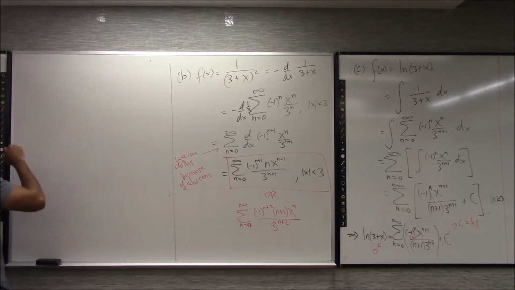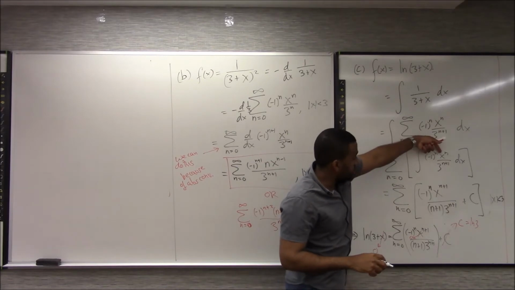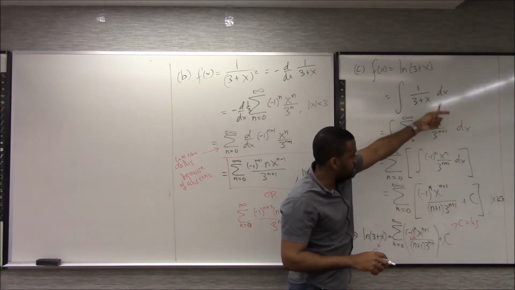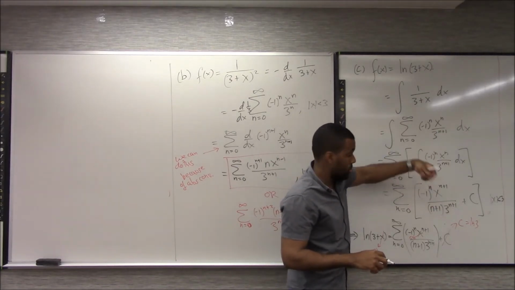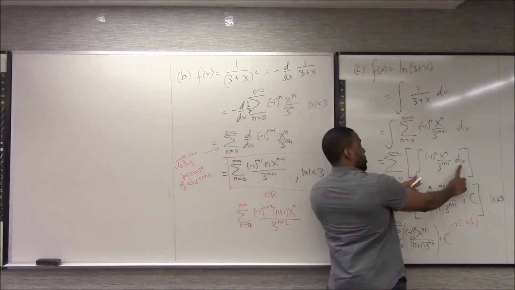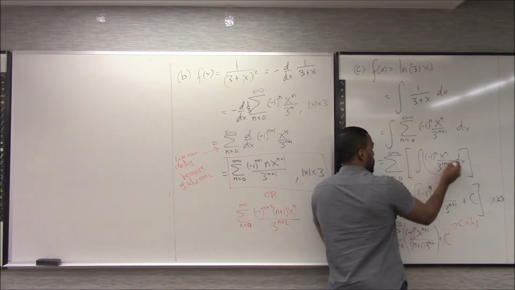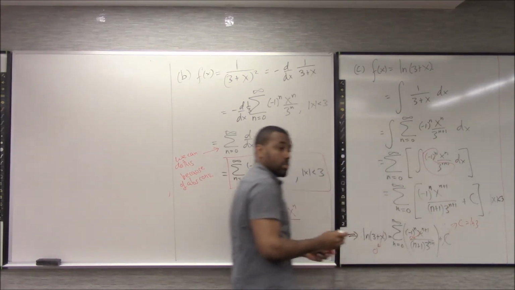For the denominator, would you get n plus 1 times 3 to the n? From integrating x to the n, the integral is x to the n plus 1 divided by n plus 1. Remember the integral is with respect to x, so all of these guys are literally just constants. So you ignore them and just integrate the x function.